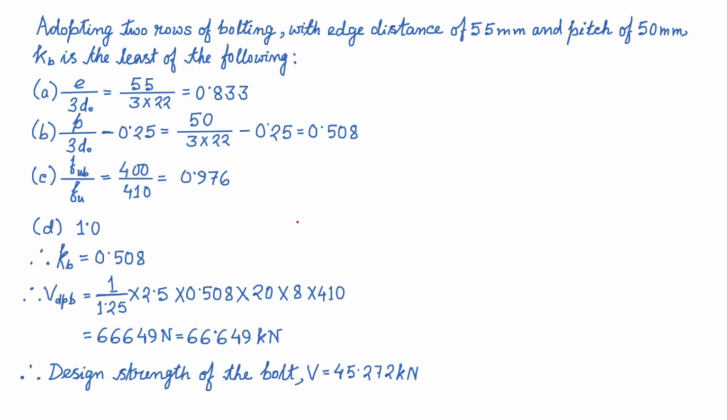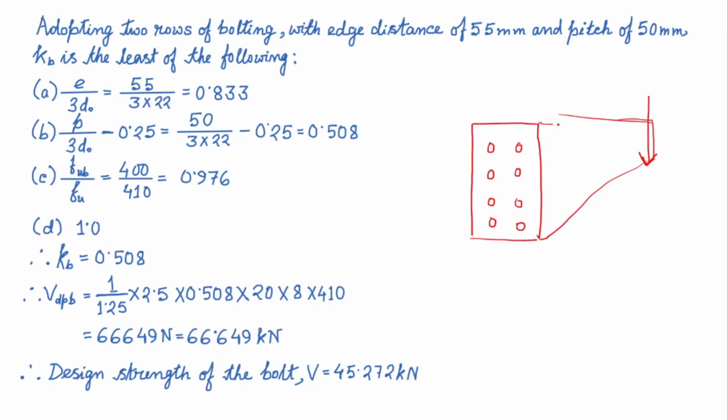Then edge distance of 55 mm. Edge distance is 55 mm. Means, see, suppose this is a connection, we shall place bolts in this way. In this direction the force is acting, over the bracket it is acting like this, in the vertical direction.